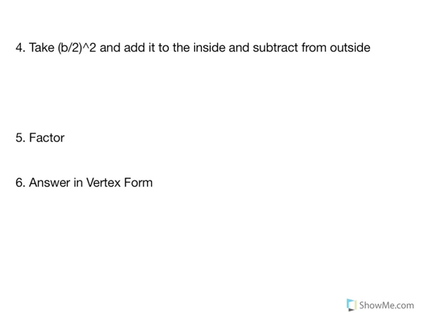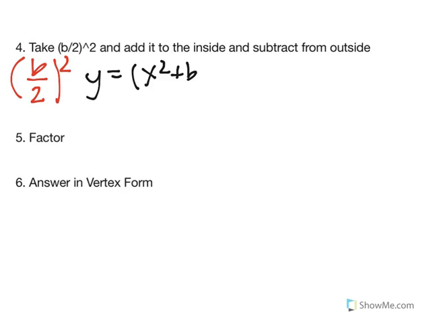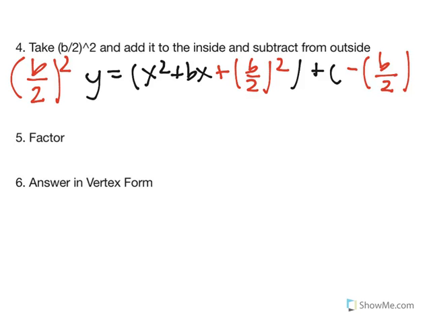What I mean is you're going to take b divided by 2 and square it, and you're going to insert it into your equation. So you have y equals x squared plus bx, add it to the inside, and subtract it from the outside. Always add the inside and always subtract the outside.